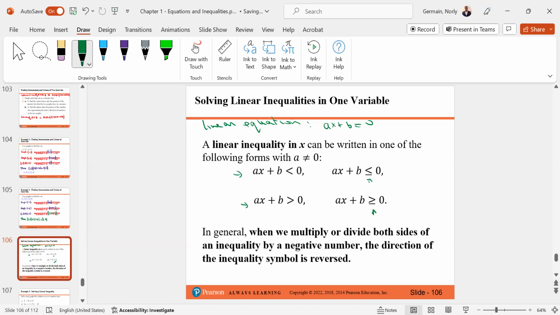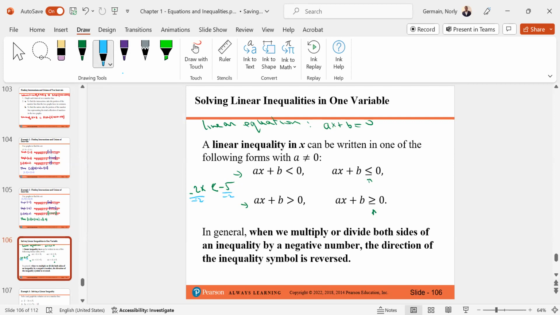But in general, when we multiply or divide both sides of an inequality by a negative number, the direction of the inequality symbol changes. For example, if I have -2x < 5, in order to solve for x, you need to divide both sides by -2.